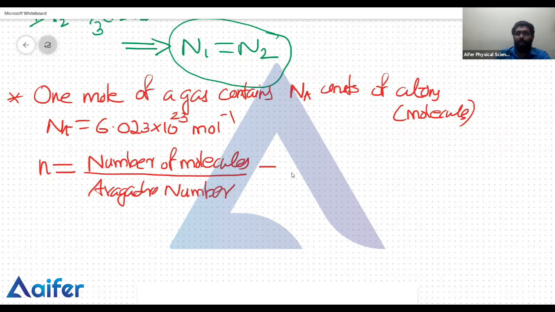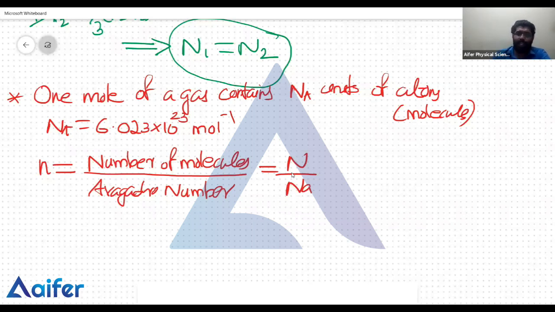Okay, that is N by Na. Total number of molecules will be equal to number of moles into Avogadro number, because 1 mole containing Avogadro number. Suppose it containing 2 mole, then 2 times Na will give you total number of molecules. Okay.